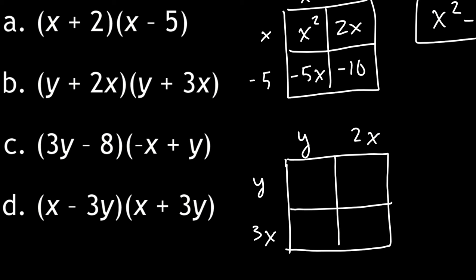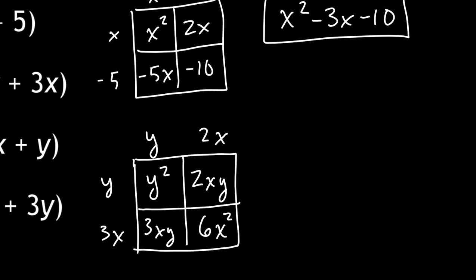So the four parts that go into this product are, one of them is a y squared, that's my y times y, and then I've got a y times a 2x, and I'm going to write that as 2xy. It's a 2 times an x times a y. And then I've got a y times a 3x, so I'm going to write that as 3xy. And then finally I've got a 2x times a 3x. 2 times 3 is 6, and x times x is x squared.